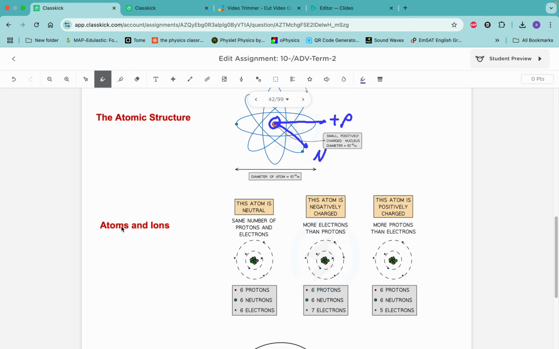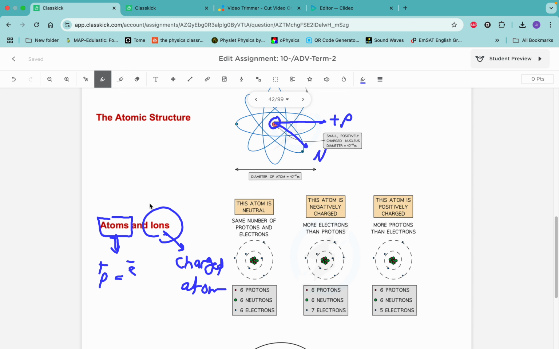Number two, you need to know the difference between atoms and ions. Atoms include positive protons that must be equal to the negative electrons, while ions can be considered as charged atoms.